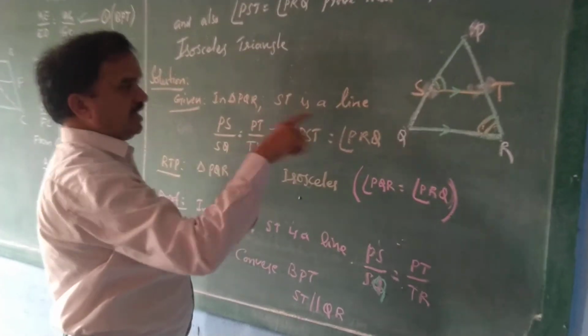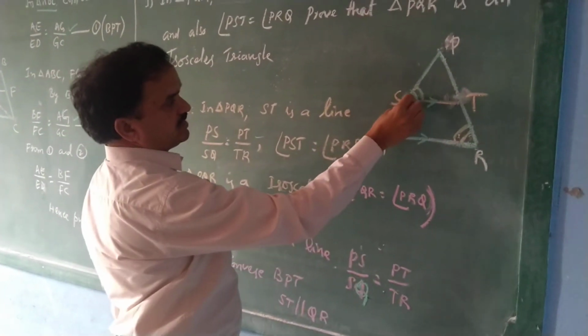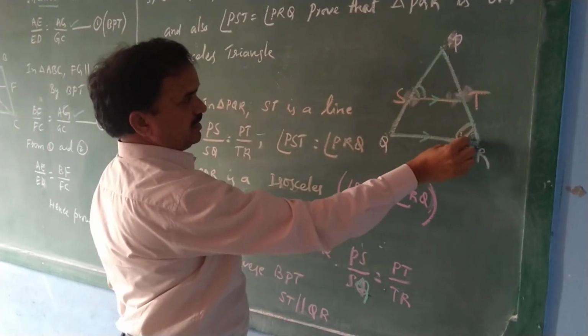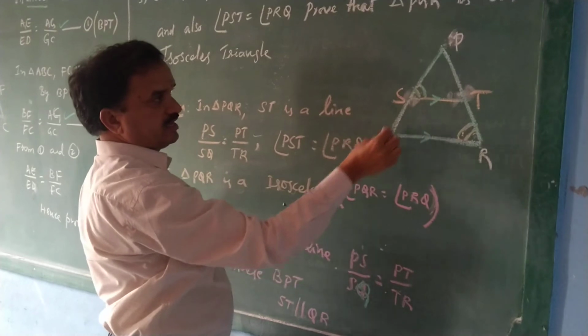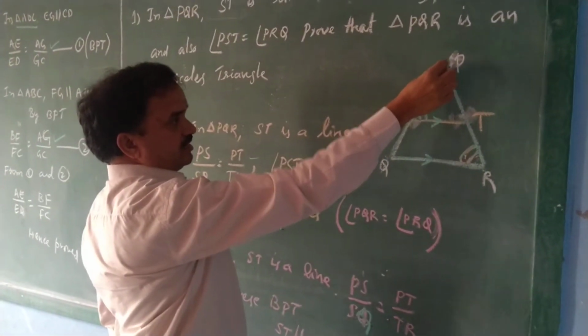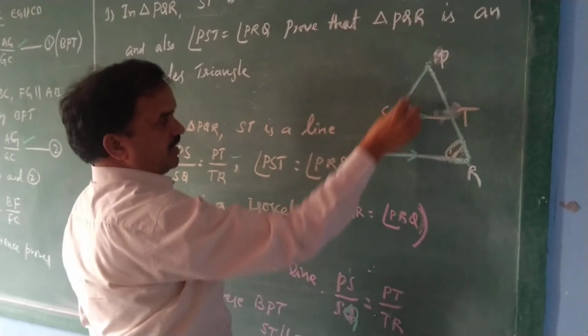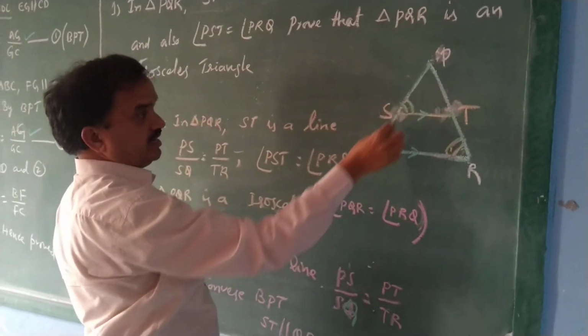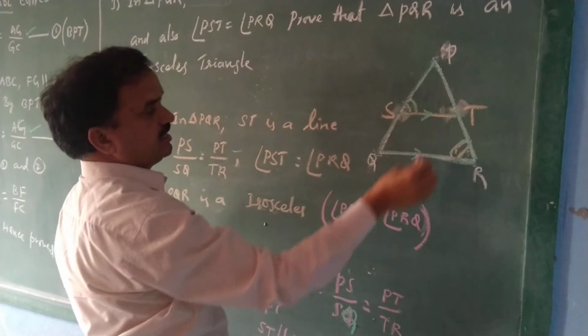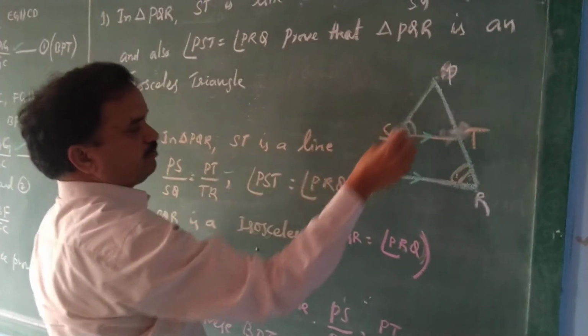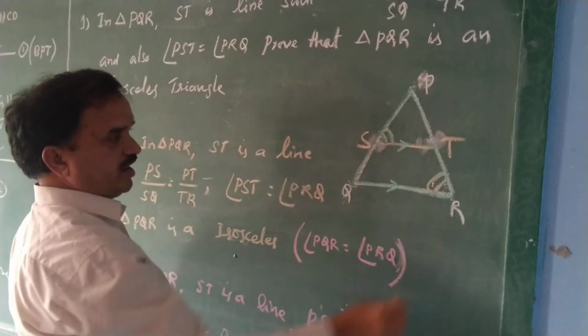Next, I will explain orally. If these two lines are parallel and there is a transversal, which you already studied in 9th class, angle PST is equal to angle PQR. Why?